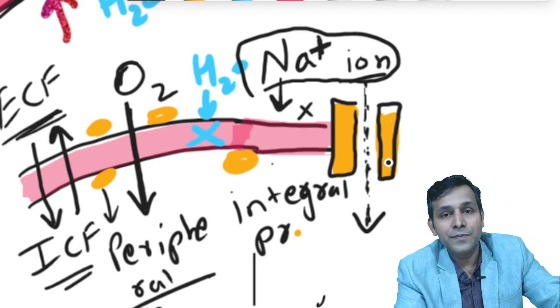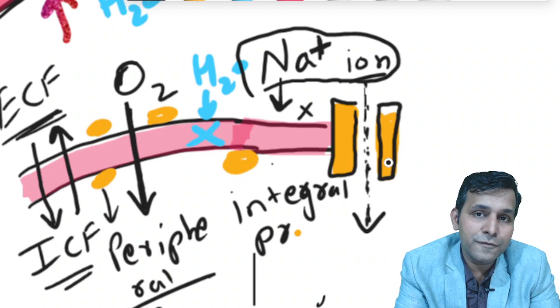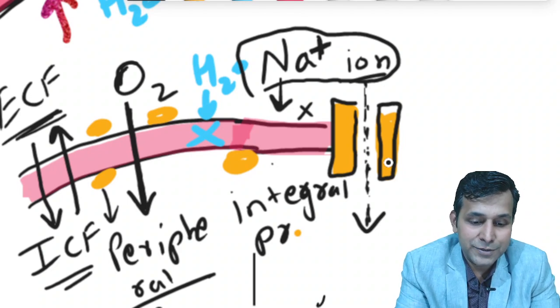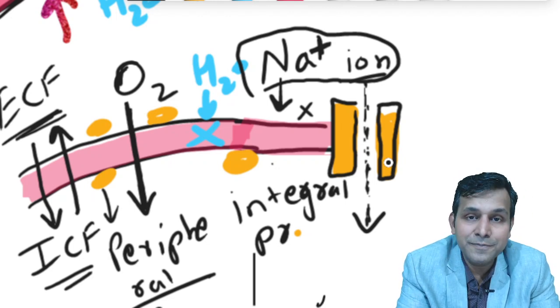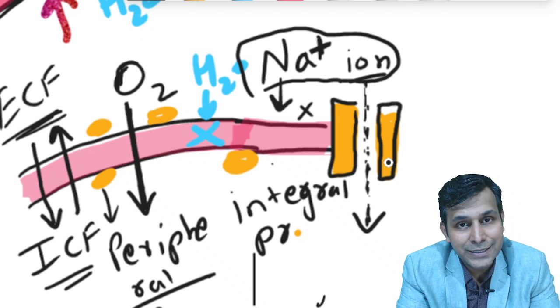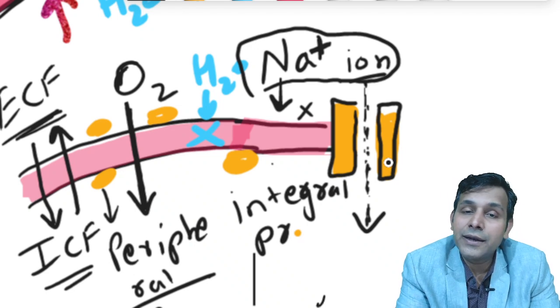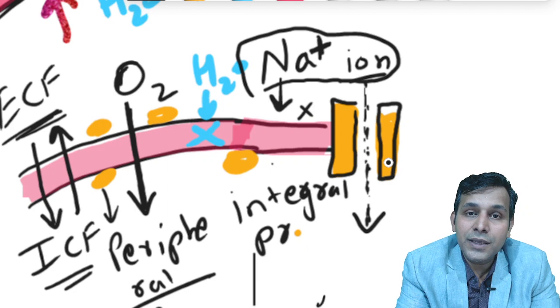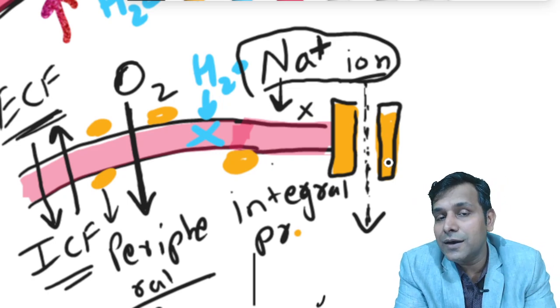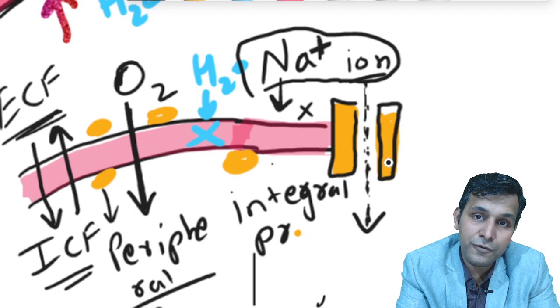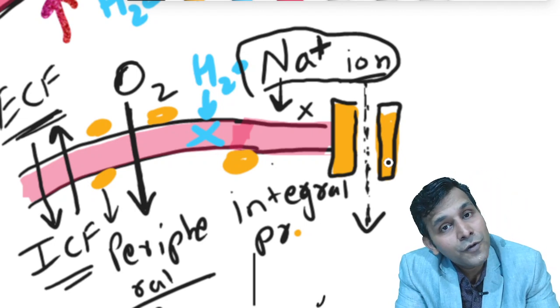I'll repeat once again. The cell membrane is composed of three important components. Number one, lipids, which are in the form of phospholipids, proteins, which are integral or peripheral proteins, and carbohydrates. The building blocks of the cell membrane are the phospholipids. Phospholipids give the cell membrane a dual property, hydrophilic as well as hydrophobic.